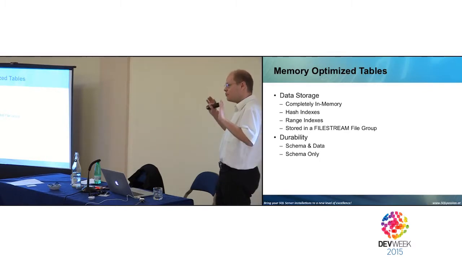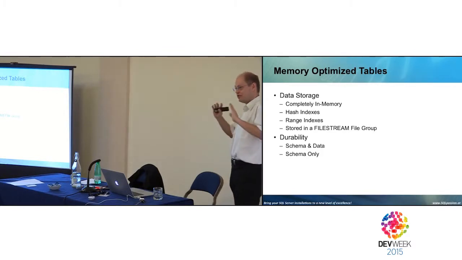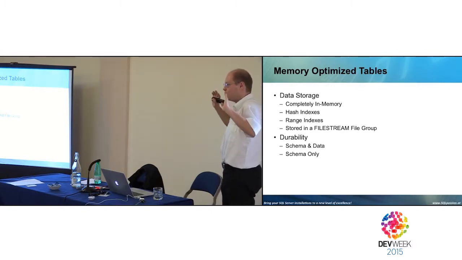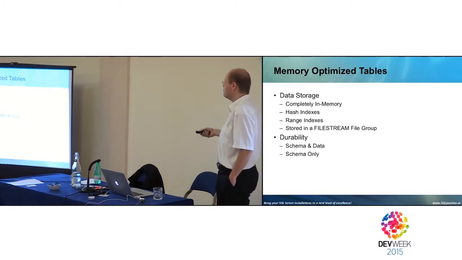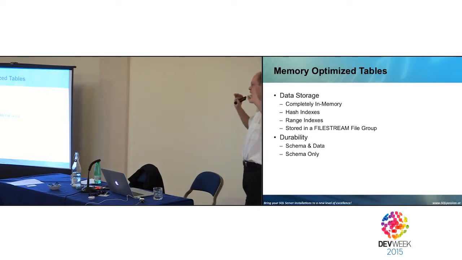Of course, when you change data, we still have to write the data to durable storage if we want that, because otherwise we would lose our data. When we create a memory optimized table, we can also define up to 8 different hash or range indexes. That's already the first limitation.